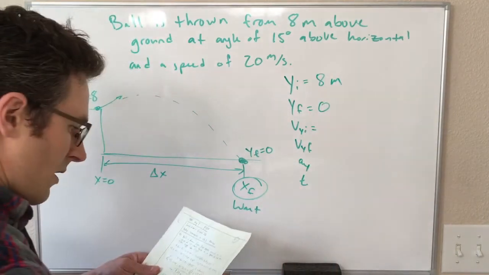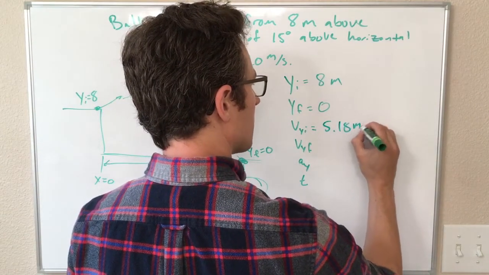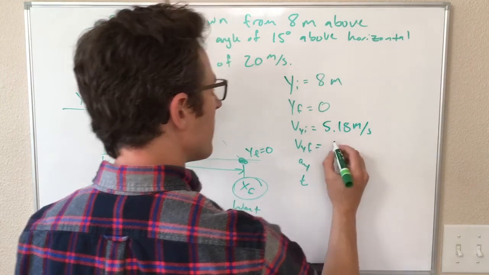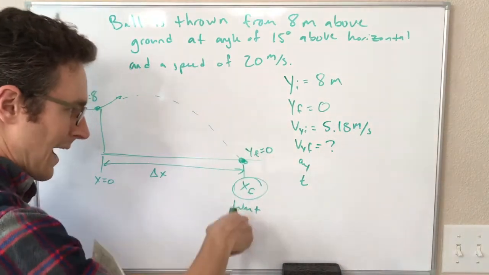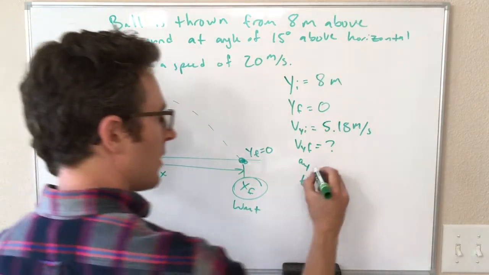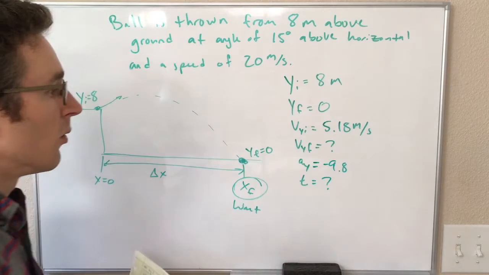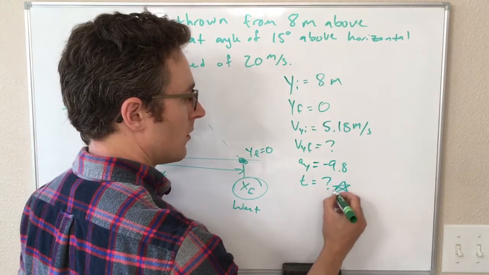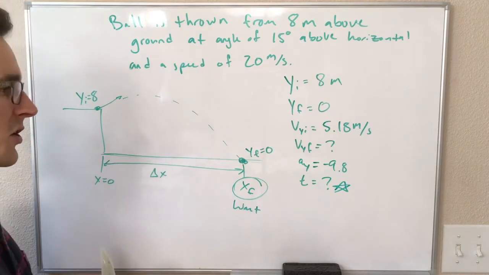Vy initial we found in the last problem, that was 5.18 meters per second. Vy final, we do not know. That's how fast it is going down when it gets to this point over here. Ay is minus 9.8, and t, we do not know. That is what we need to get the final answer using the x direction equations.